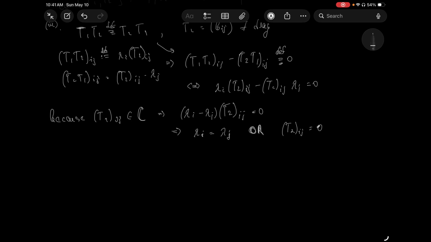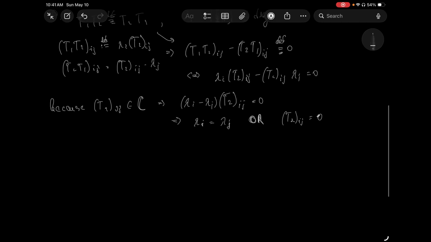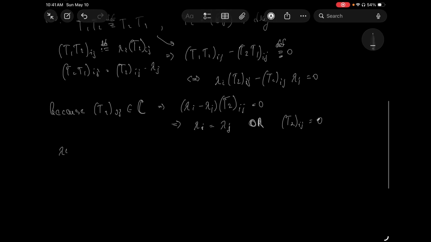And one more important thing here, you will see why it is important. We'll get to this soon. Let me just use lambda for this purpose.